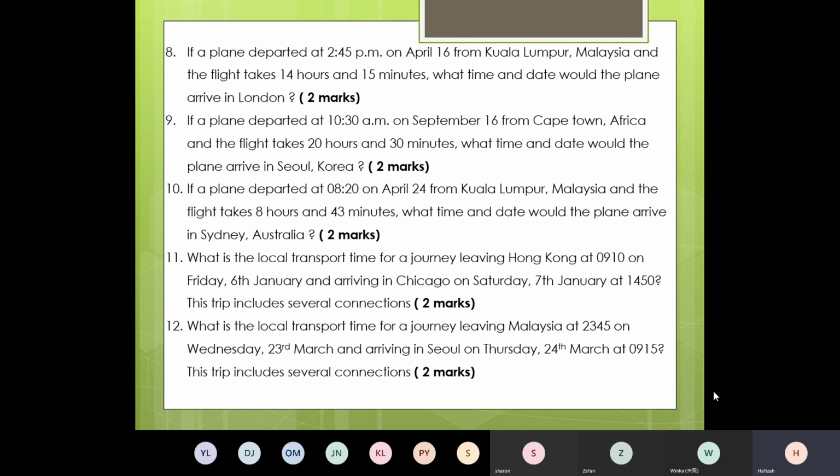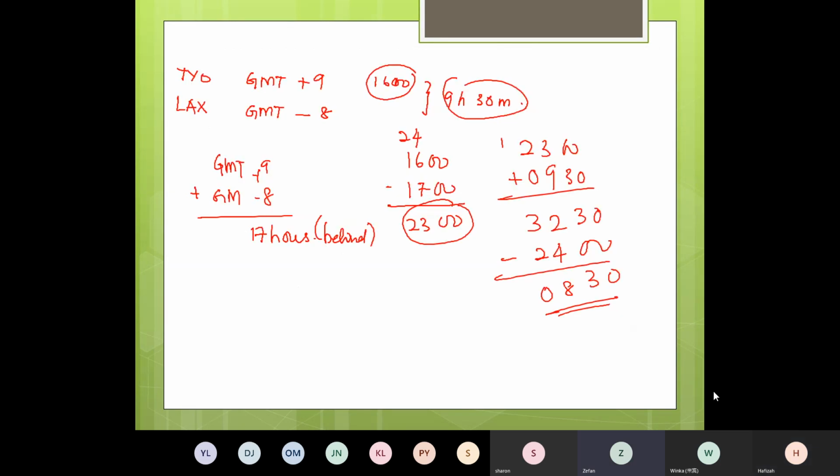Just now is 0015, right? Minus 1545. Correct or not? Yes. So, 8 hours 30 minutes. All get the 8 hours 30 minutes. Yeah, okay.